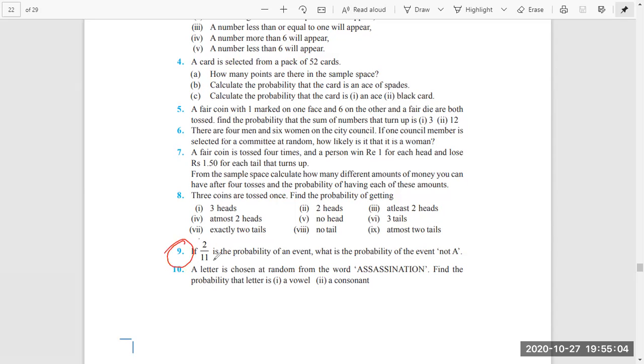Question number 9. If 2 by 11 is the probability of an event A, what is the probability of the event not A? Very good question.